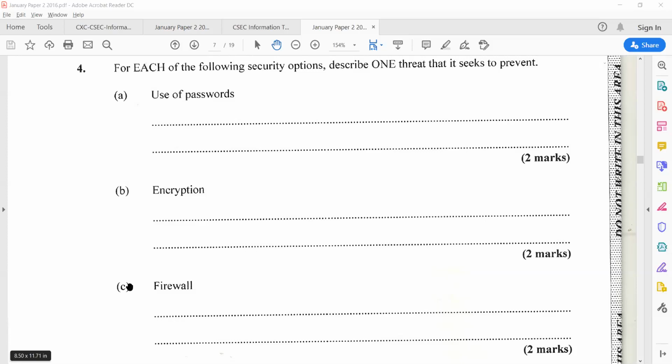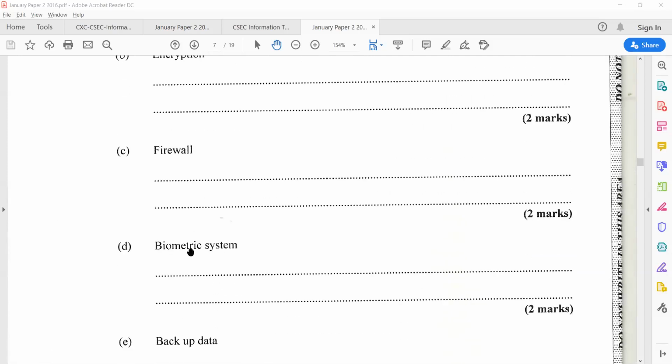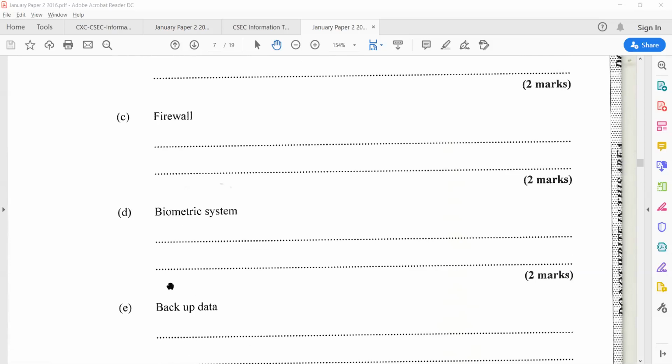What about the firewall? What would a firewall prevent?